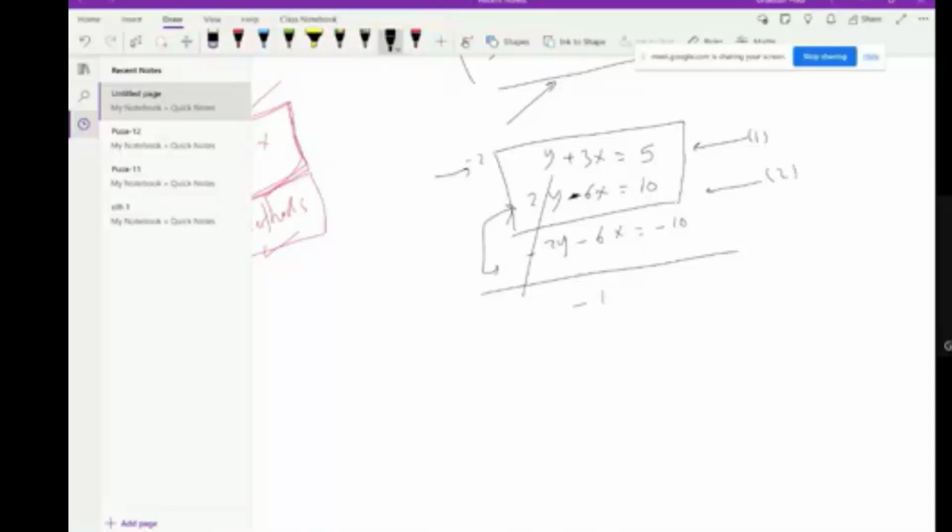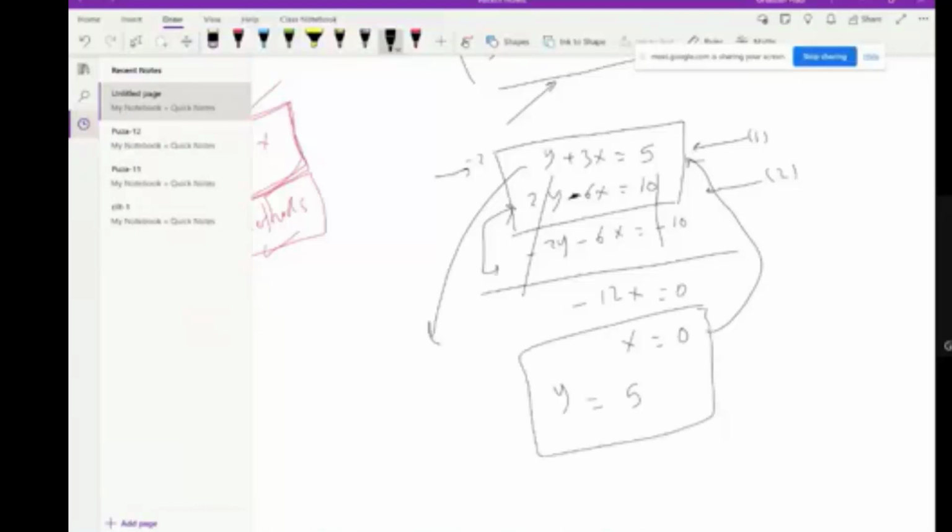This will be minus 12x equals 0. That means x equals 0. And substitute this here. It will be y equals 5. Now I solved it. It's easy to solve this by hand or analytically.